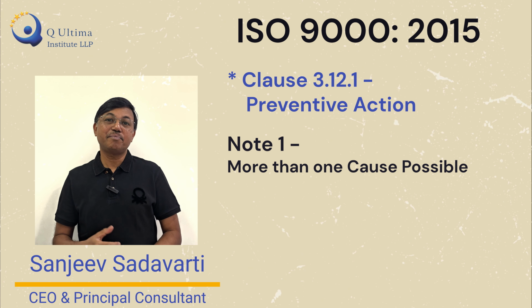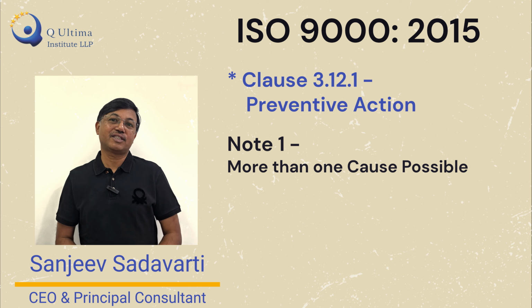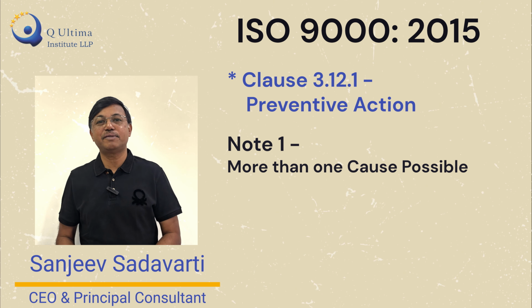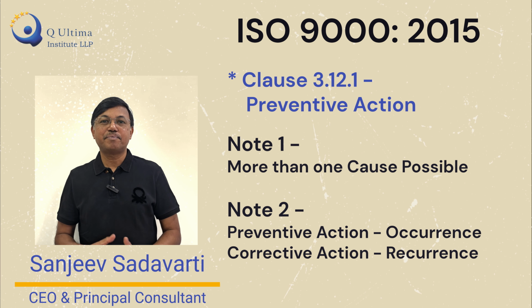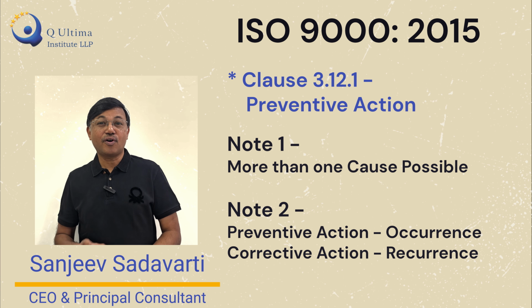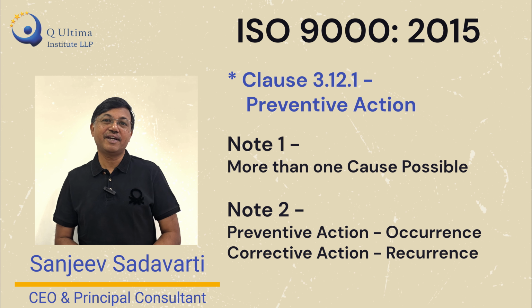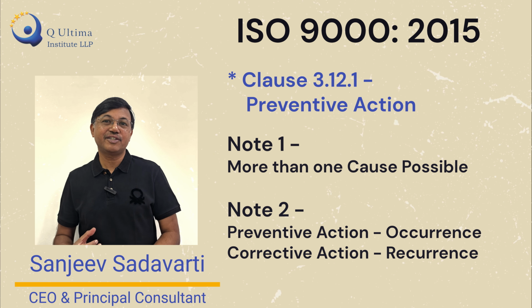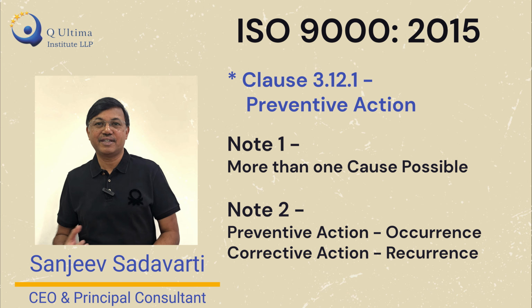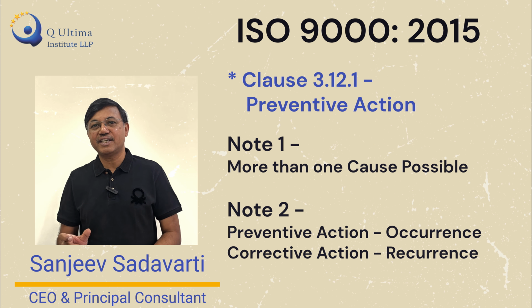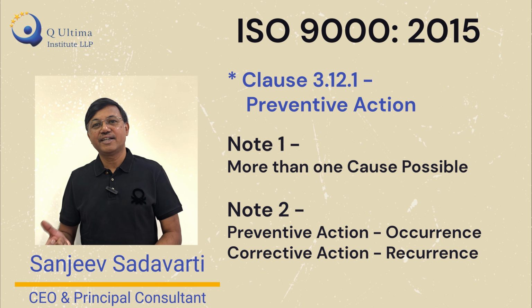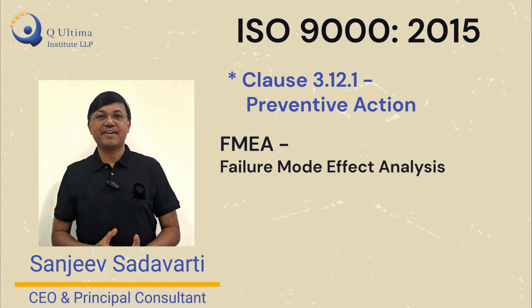Note 1 says there can be more than one cause of the same non-conformity and therefore multiple causes can be expected. Note 2 clarifies that preventive actions are related to occurrence of a non-conformity, whereas corrective action is related to recurrence of a non-conformity. So the keywords which are differentiating are occurrence and recurrence.